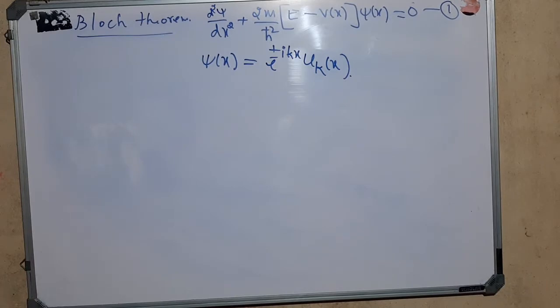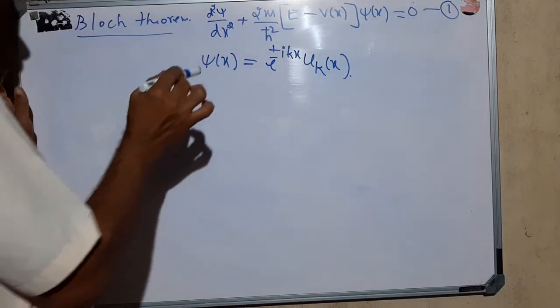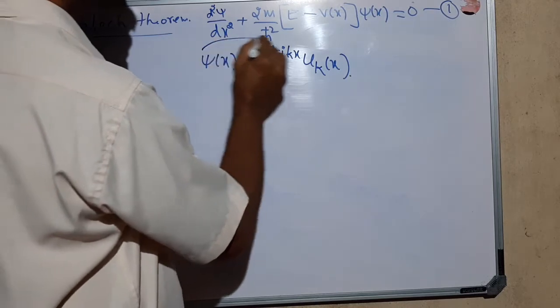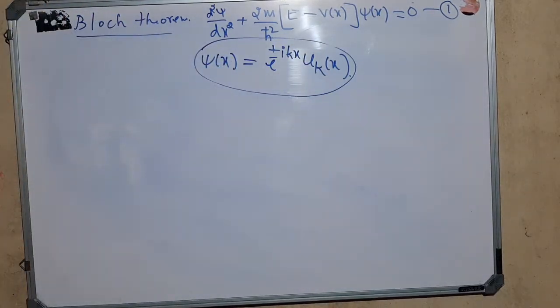So that is what it says. If the electron is moving in a periodic potential, then the solution of the Schrodinger equation is in this form. This mathematical statement is considered to be the Bloch theorem.